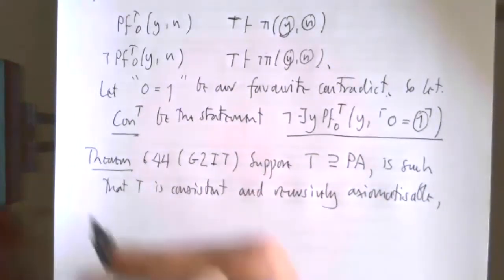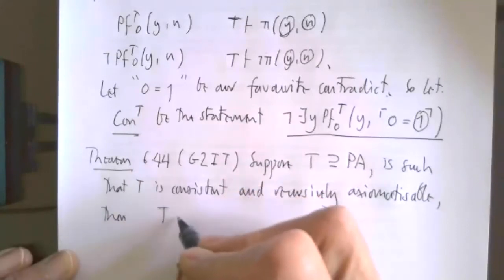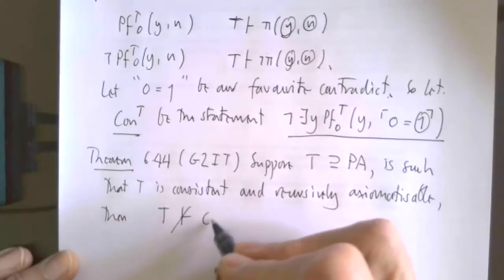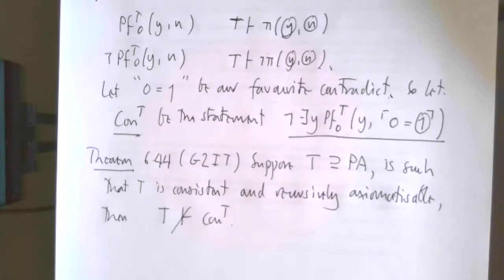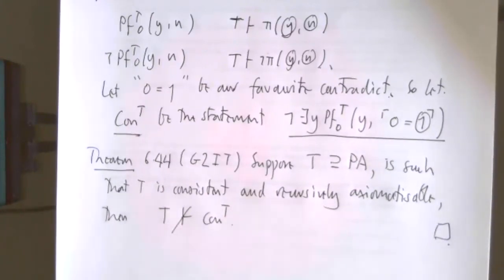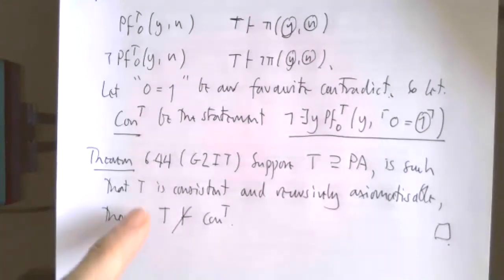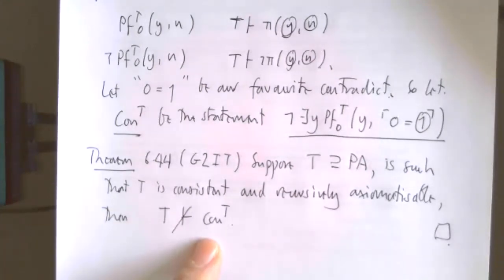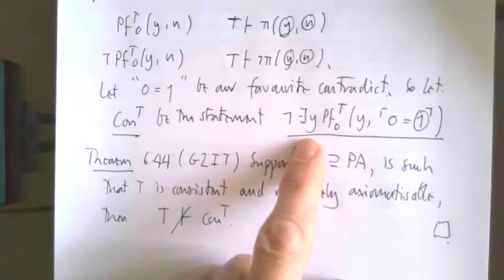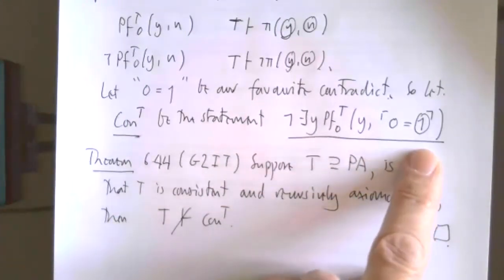Then the conclusion is, T can't prove Con T. If it's consistent, it can't prove not Con T, because not Con T will be saying there is a proof of naught equals 1. Right?